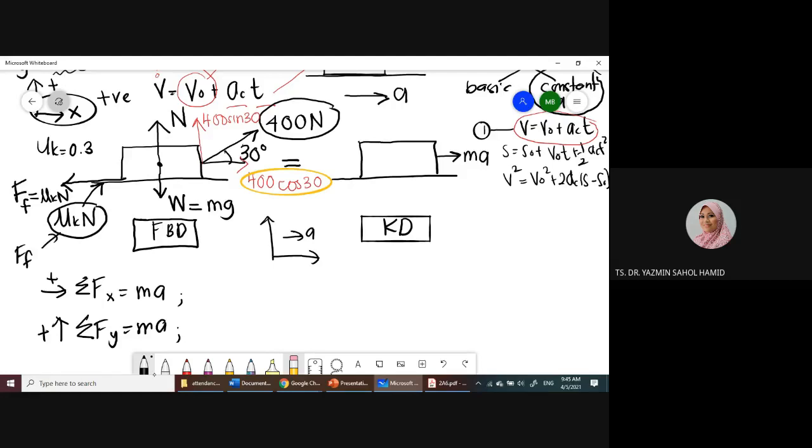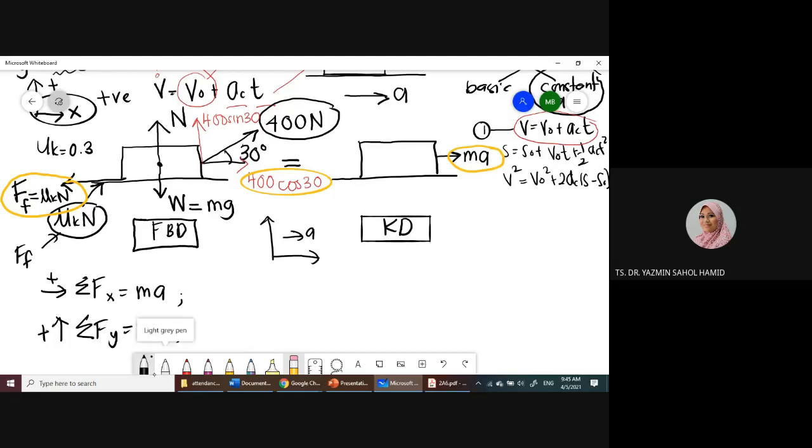So we have another one. Do you have anything else in the direction of x? Is there any other force you see in the x direction? There is one more. Hello? ma. Yes, ma. Don't forget ma.